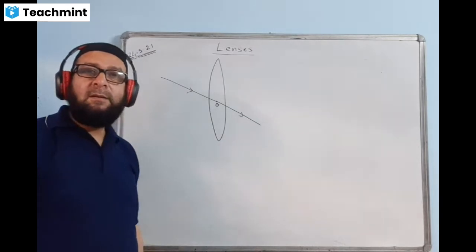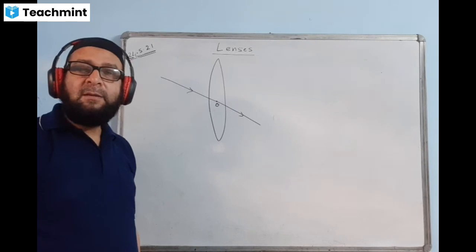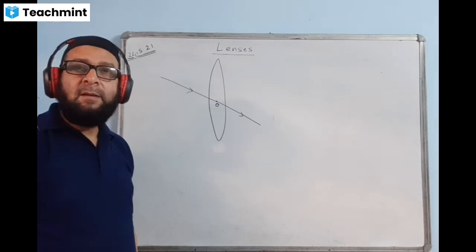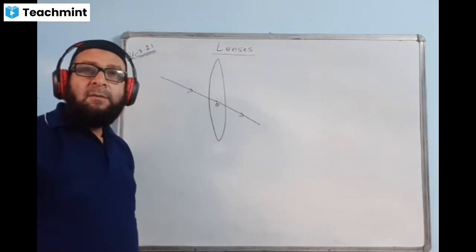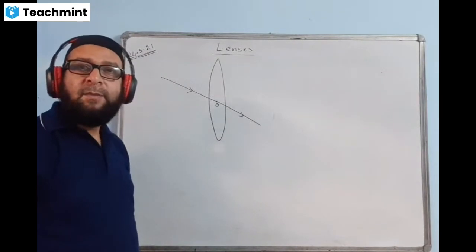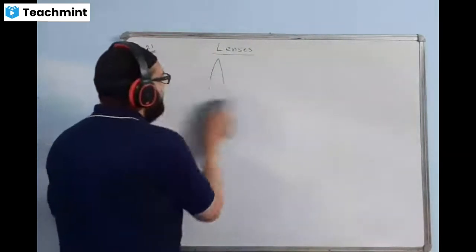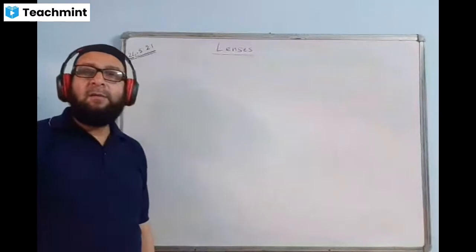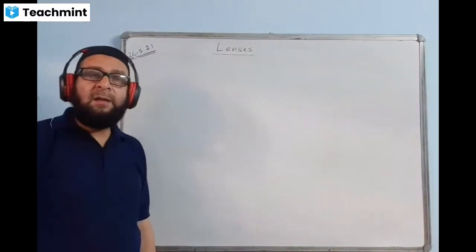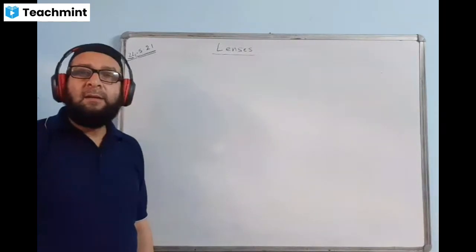Why does a ray through the optical center pass undeviated? Anybody? Tell me the reason. An incident ray through the optical center does not bend and it goes straight. Why?